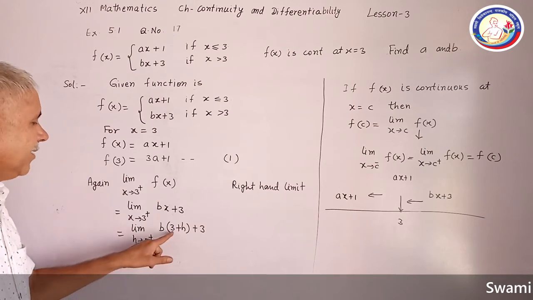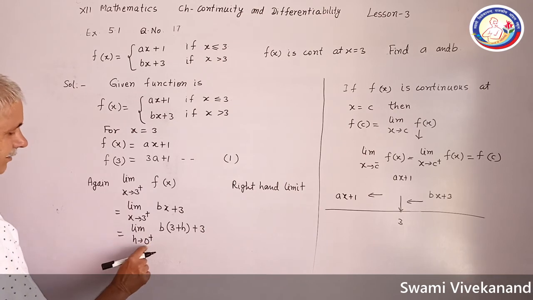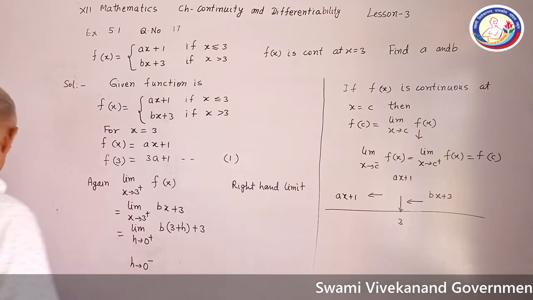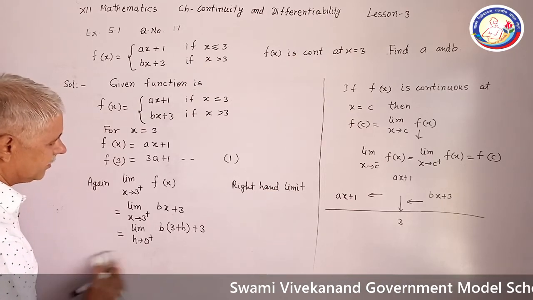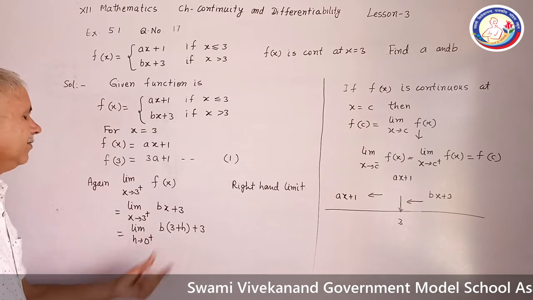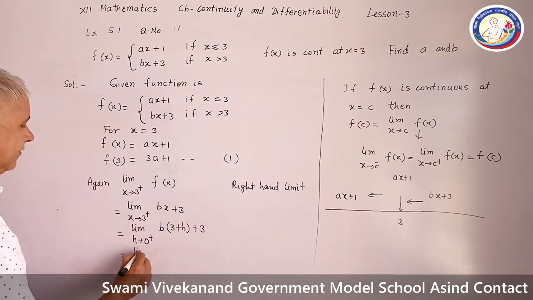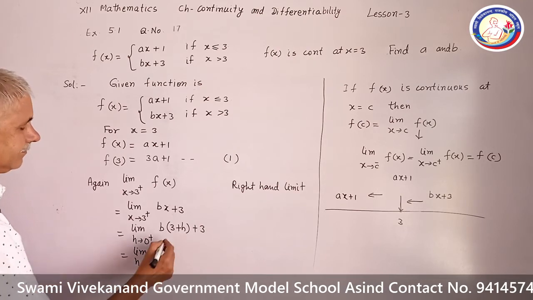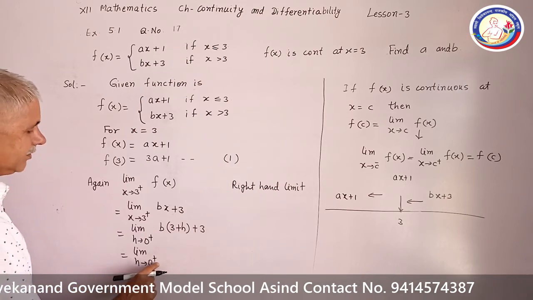We will replace it by 3 minus h, and h tends to 0 minus. The minus shows it is approaching from the left side, and here it is approaching from the right side.